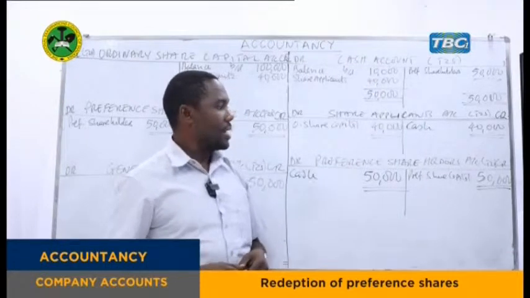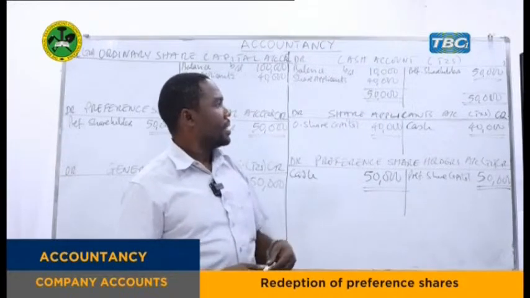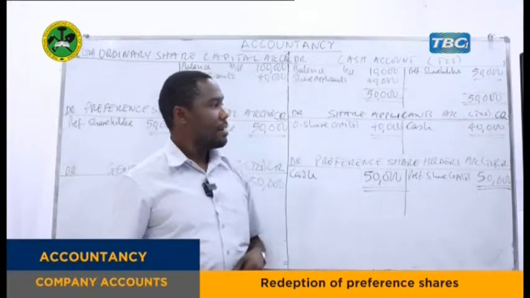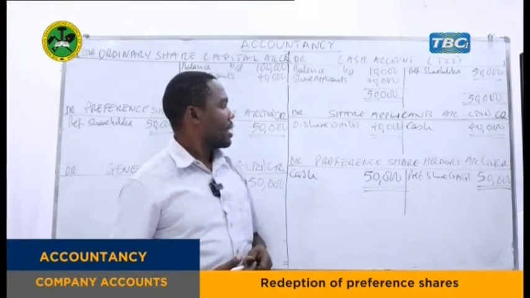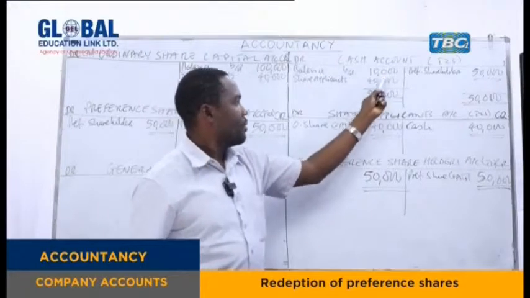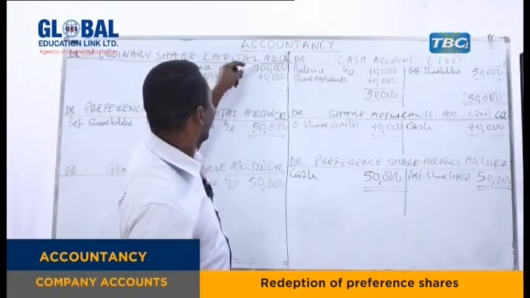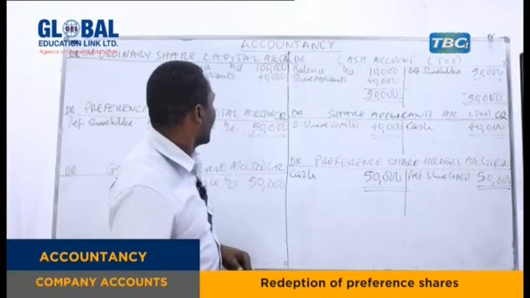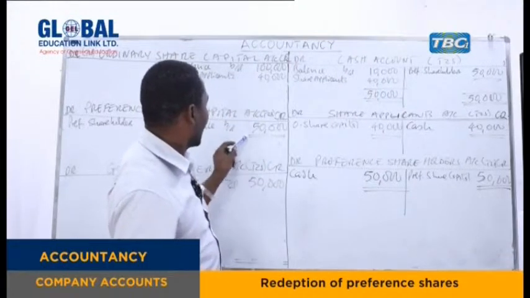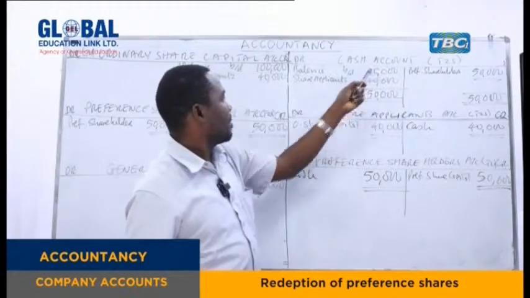Where does this 10,000 come from? Because we have the balance in the cash, definitely we also need to set aside this 10,000 from the internal source. This amount won't be available. If you look, this 40 comes to increase the balance of ordinary shares, and then we are reducing the capital side by 50. Then we need to replace the 10 for the preference.